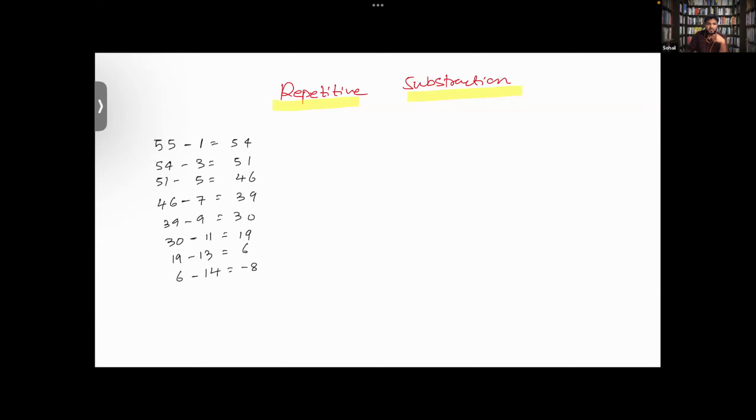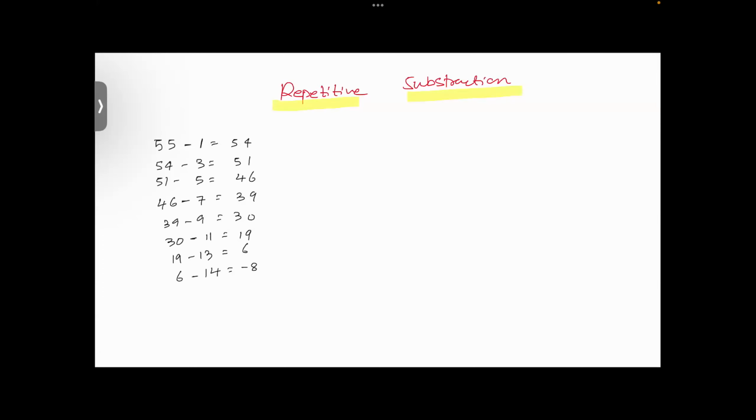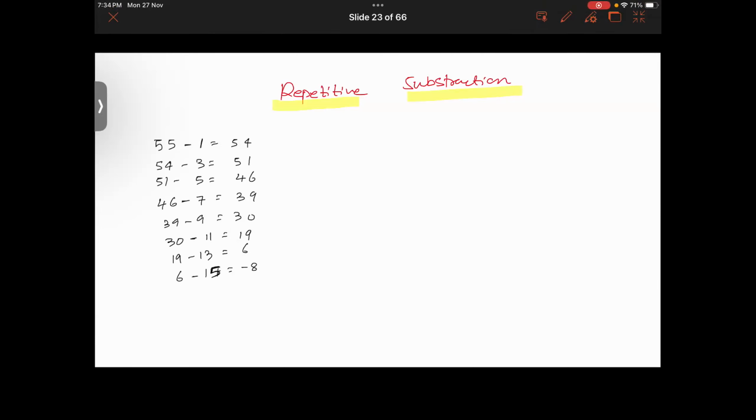It will be minus 8, right? So the value I am getting is 19 minus 13 is 6. Okay, 6 minus 15 we will do. Also see that we did it correct. 55 minus 1, that is 54. 54 minus 3 is 51. 51 minus 5, that is 46, is it correct?